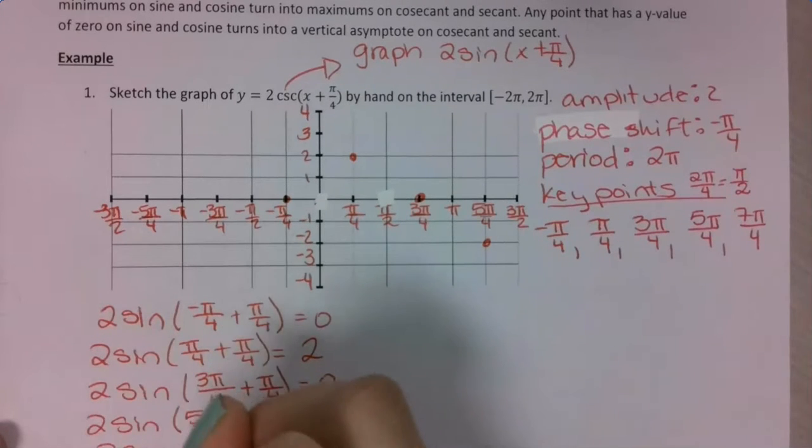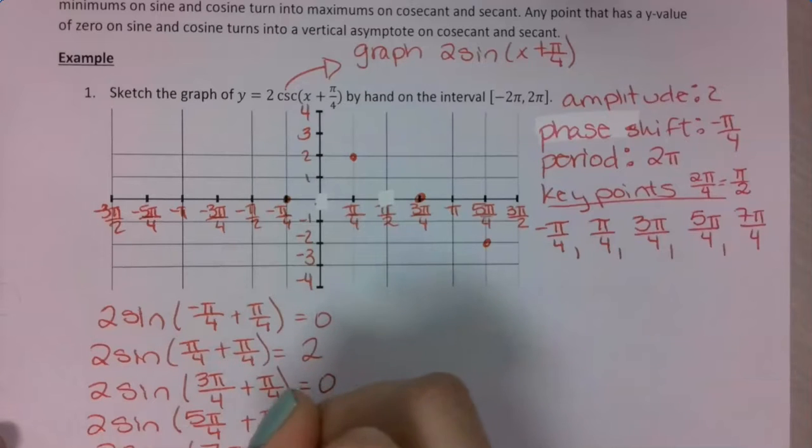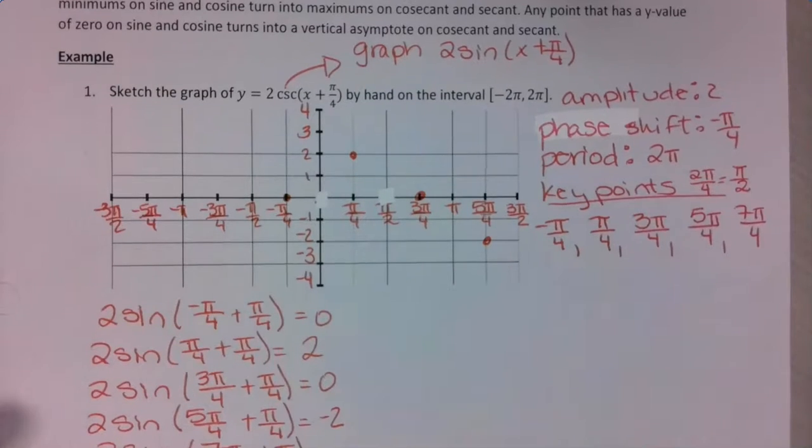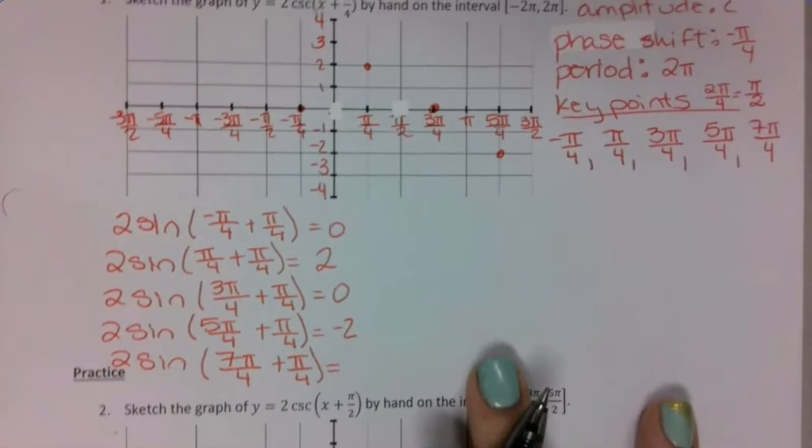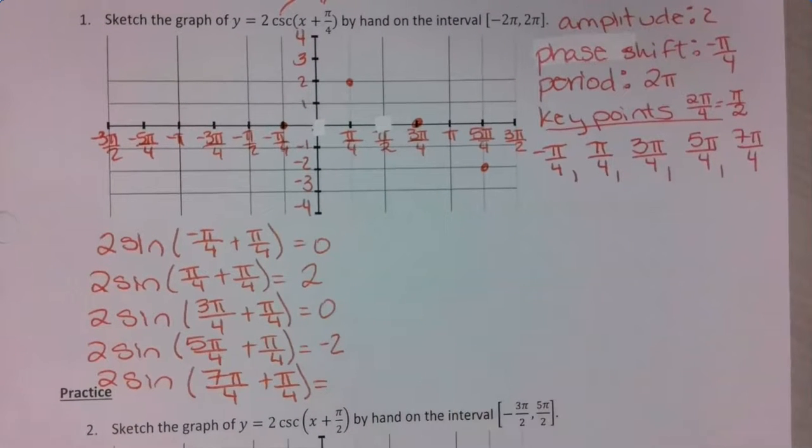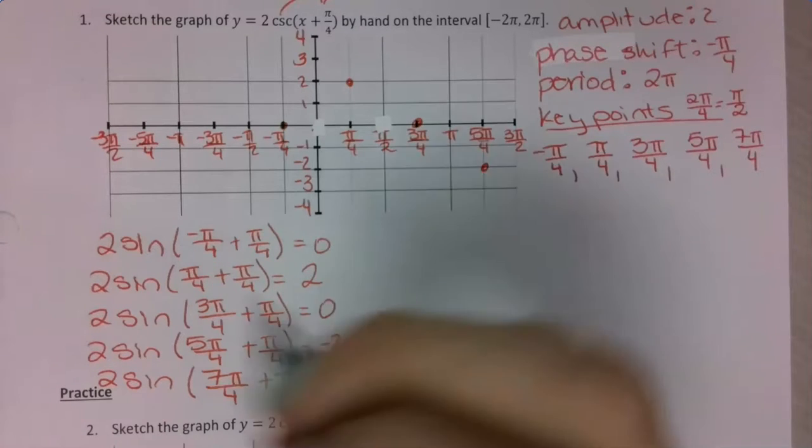Then I want to go ahead and plug in 7 pi fourths. What does 7 pi fourths give us? 0.